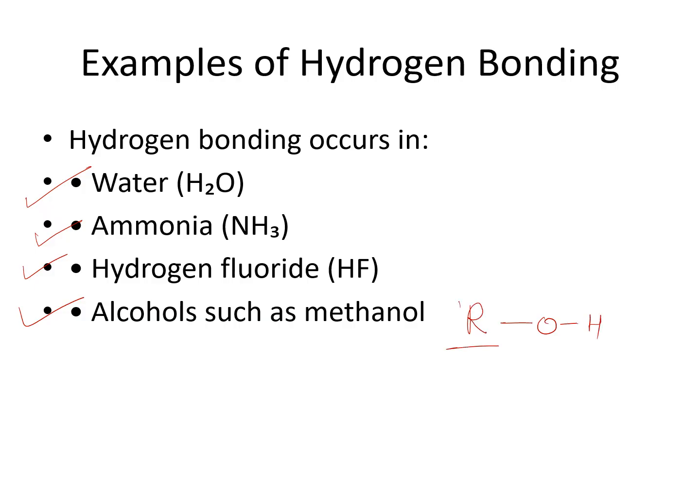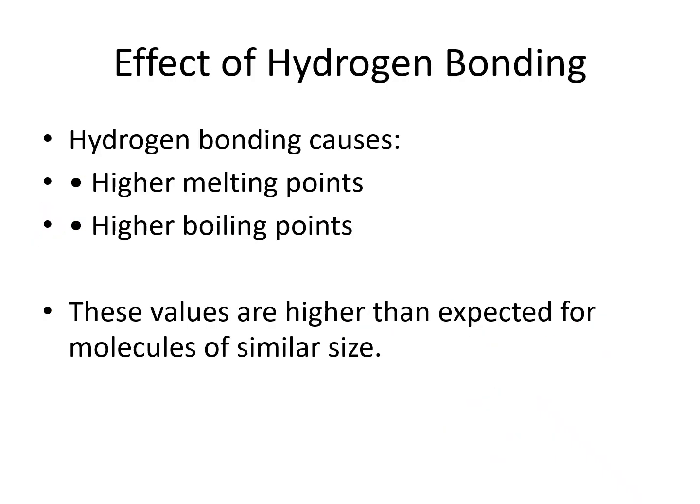Any R group can be present. R group means alkyl group or alkene group or aryl group. That doesn't matter, but you have an OH group with them. Alright? For example, methanol, so you have CH3OH. If I say ethanol, so you have CH3CH2OH. Alright? So these are the examples where you can find hydrogen bonding.